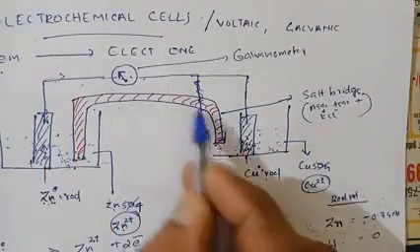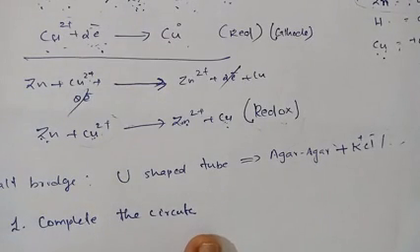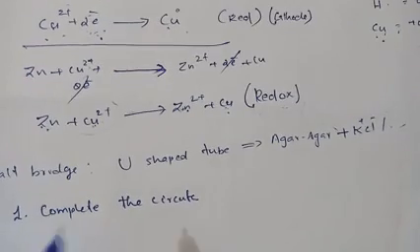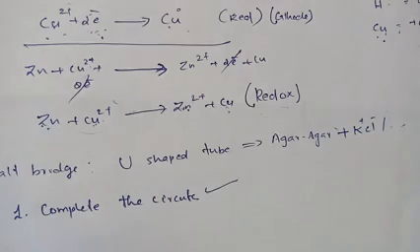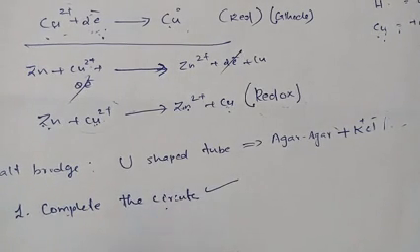To complete the circuit, it needs a salt bridge. Otherwise, the flow of electrons will not take place. The circuit should be completed, so the first duty of the salt bridge is to complete the circuit.